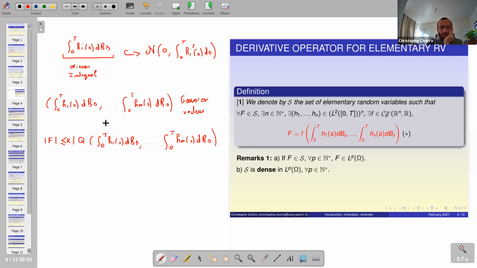So here you have a polynomial depending on this Gaussian vector.